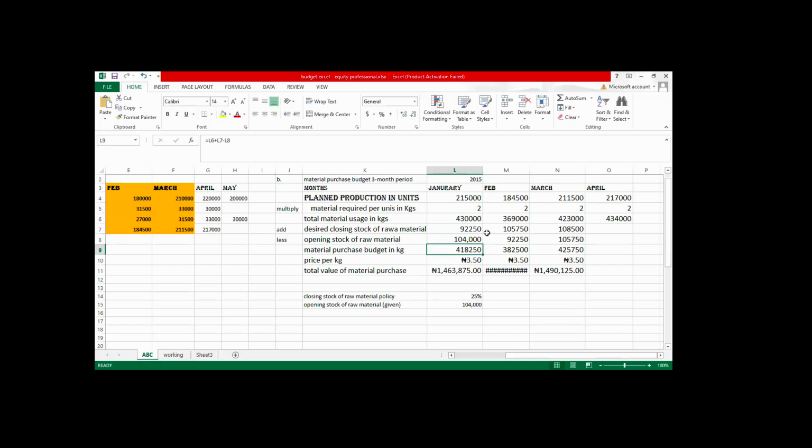Now to get February opening stock, go and pick January closing stock. The closing stock of raw material in January becomes the opening stock of raw material in February.